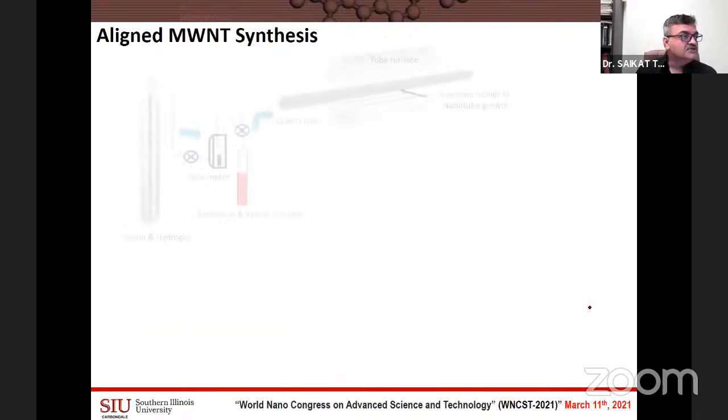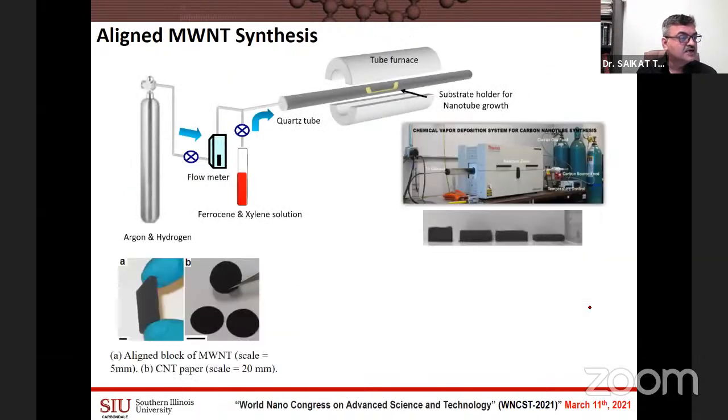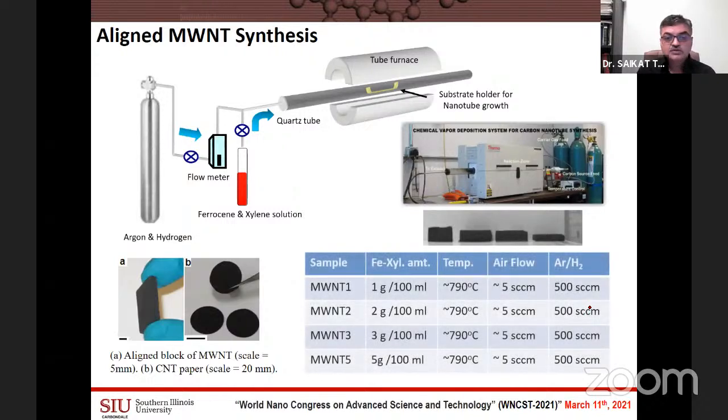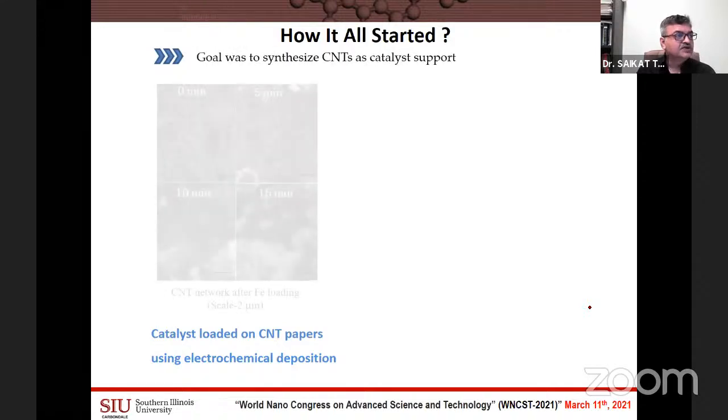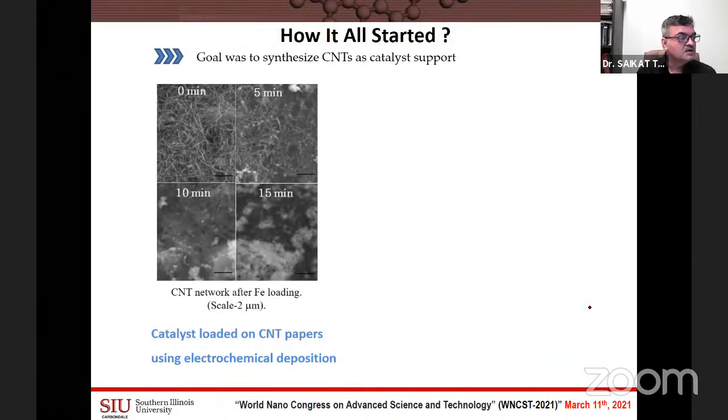So basically we started with aligned multi-wall nanotubes. The idea was to load the materials with iron.